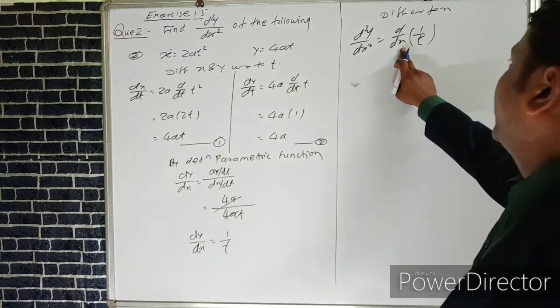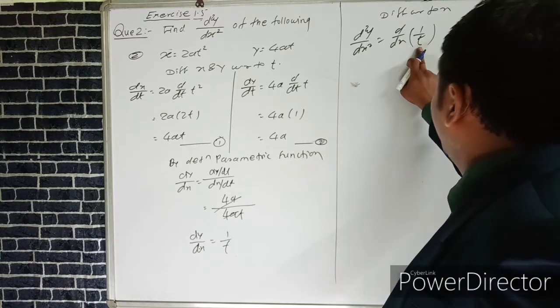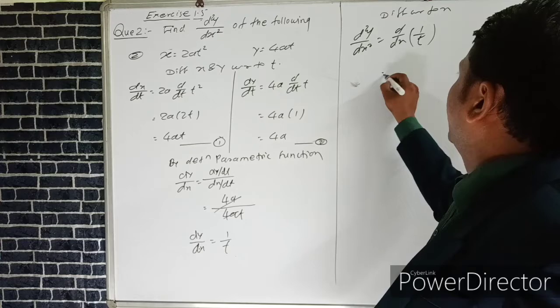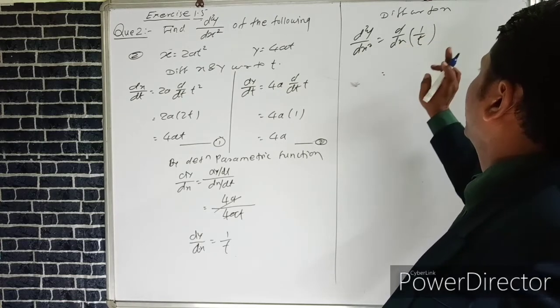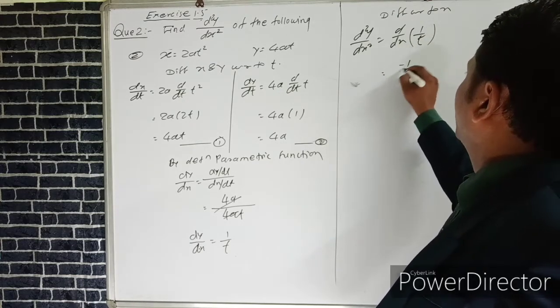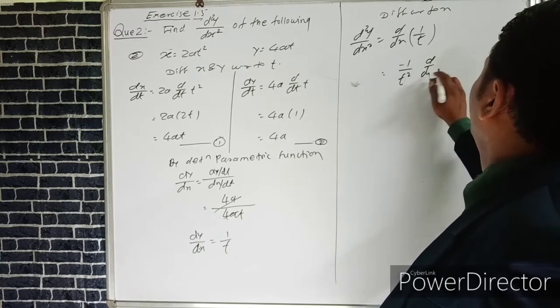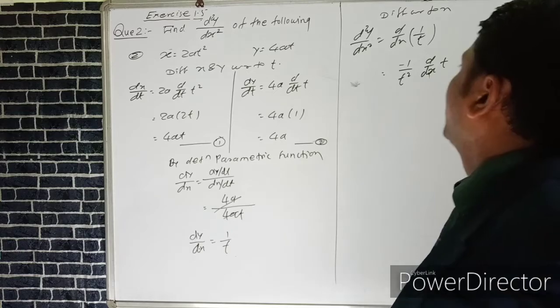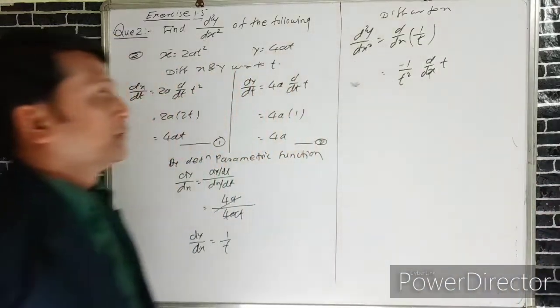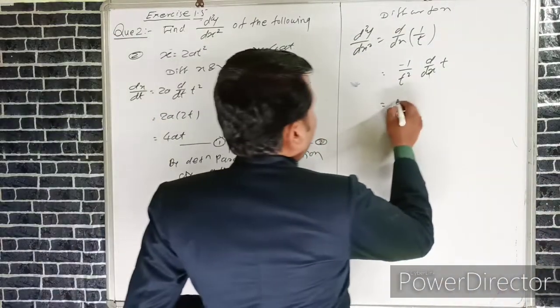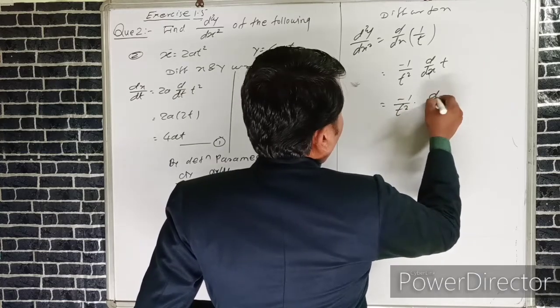If we consider t as a function of x, we can write the derivative of 1 by t with respect to x as minus 1 upon t square, and again the derivative of the considered function, d upon dx of t. So minus 1 upon t square into dt by dx.